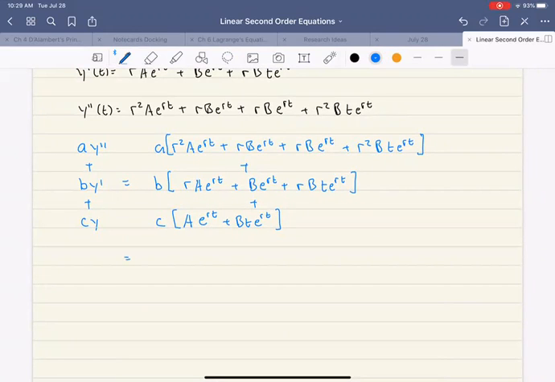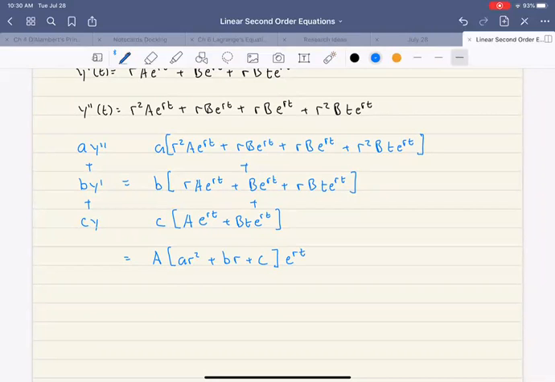Our capital A terms are going to be AR squared, that's this term, no more A's here, plus BR, that's this term, plus c, times e to the rt.